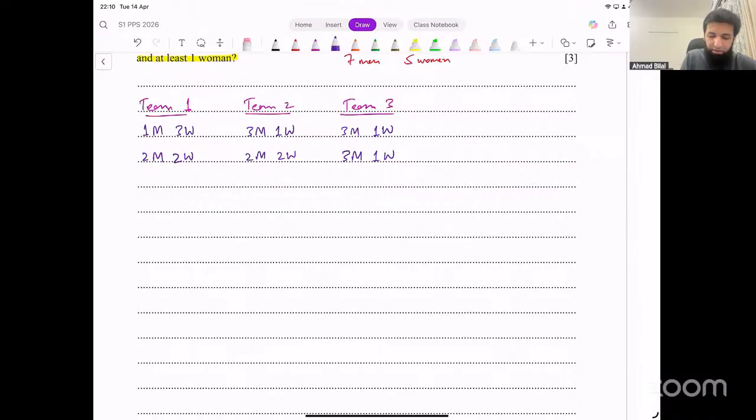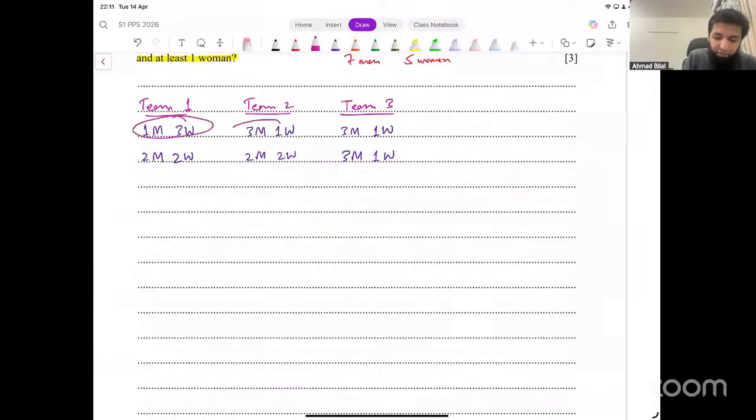Now, we could just shuffle them around. In one case, this goes to team two, and these people go to team one. That's another possible case. How many possible arrangements do we get? How many ways can we arrange these three teams?